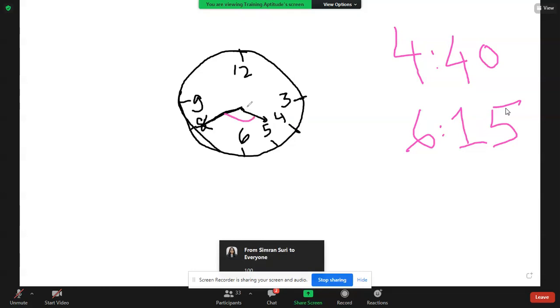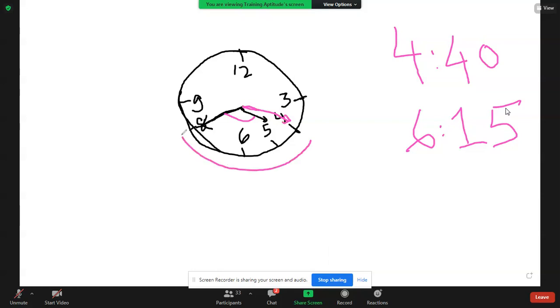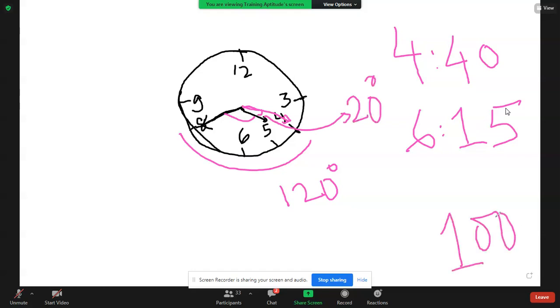If the hour hand were exactly at 4, then 4 to 8 is 4 parts, 120 degrees. But in 40 minutes, it has moved 20 degrees further. So what is the angle at 4:40? 100 degrees. 120 minus 20 degrees.